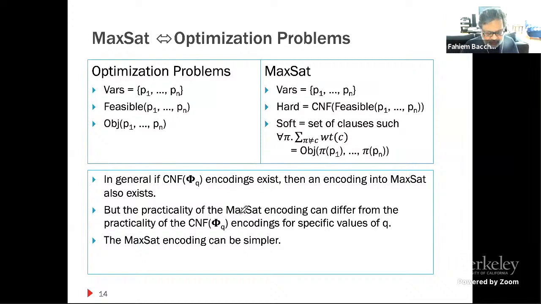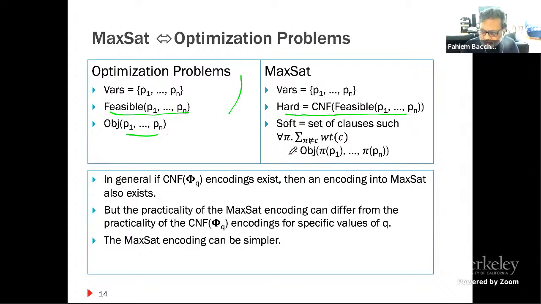And of course, there's a strong correlation between the more general optimization function problems and MaxSat. In particular, the feasibility condition for MaxSat is simply the hard clauses, which in some sense is a CNF encoding of the feasibility conditions. And now the objective function, on the other hand, is more stylized in MaxSat.